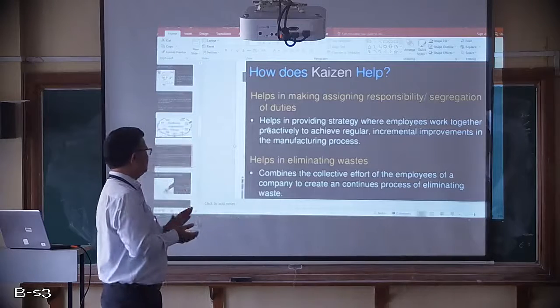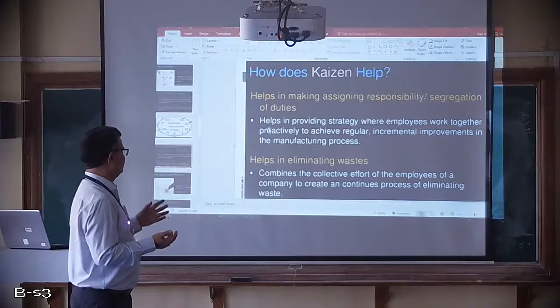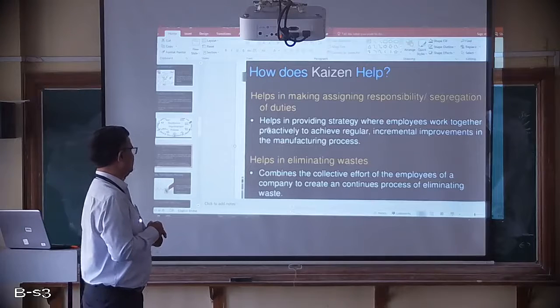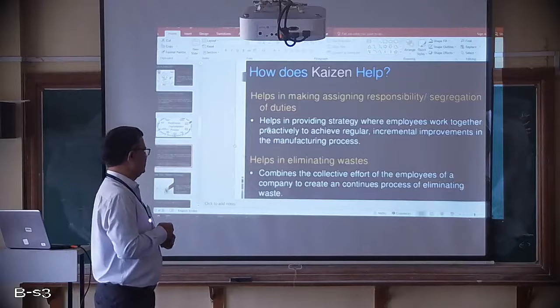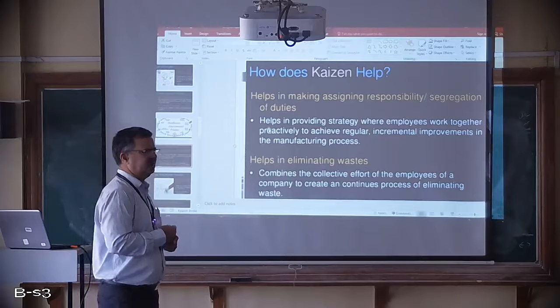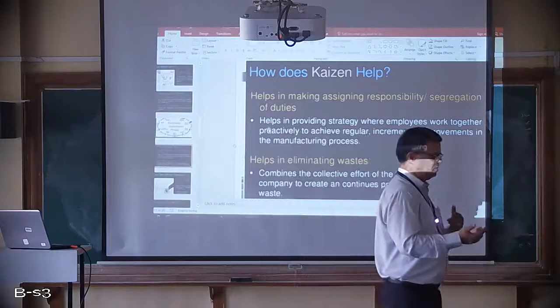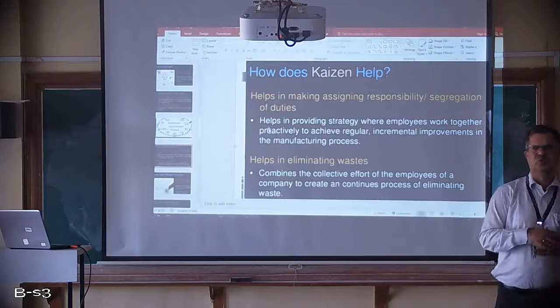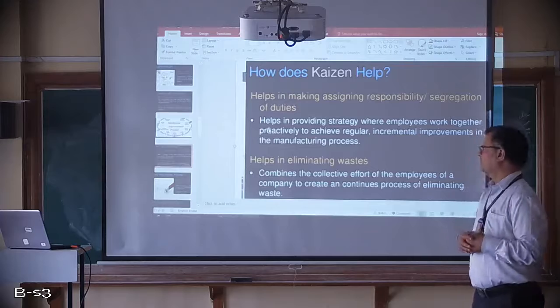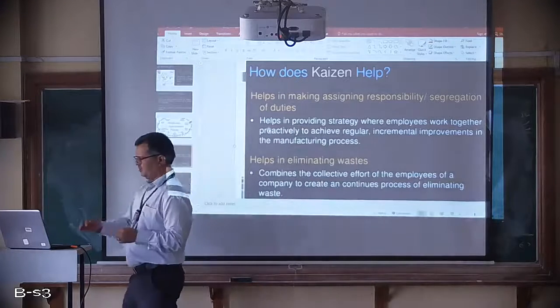Basically, continuous improvement is a collaborative, combined effort of the employees of a company to create a continuous process of eliminating waste. So there will be continuous improvement or continuous effort to eliminate waste through collaborative effort. That is one of the helps of continuous improvement.